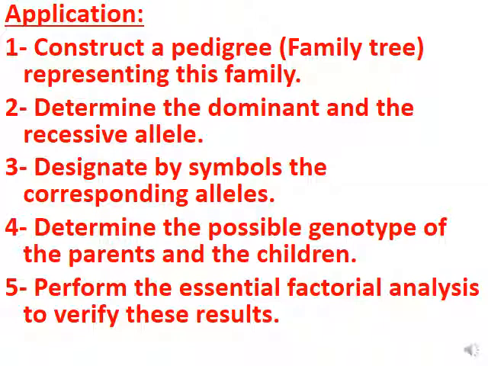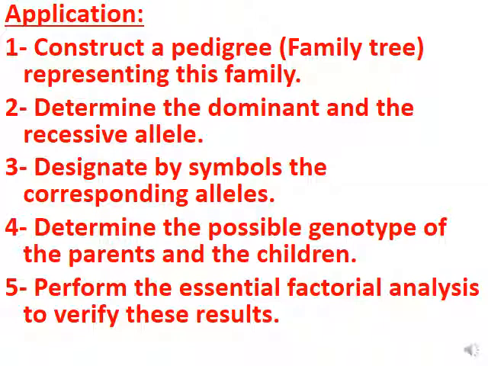We have to determine it according to the pedigree and justify our answer. Designate by symbols the corresponding alleles. Determine the possible genotypes of the parents and their children, and then perform the Punnett square analysis to verify these results.